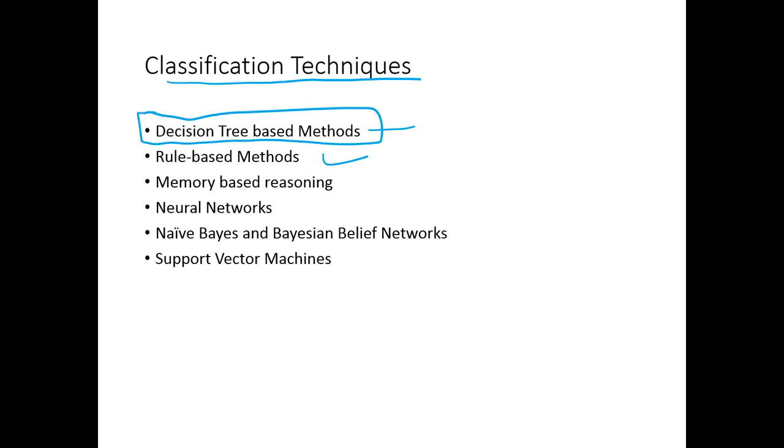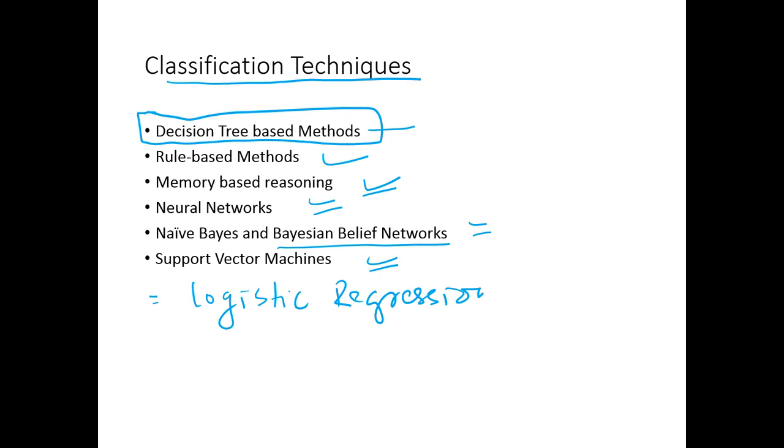There are rule-based methods, memory-based reasoning methods, neural networks, Bayesian belief networks, support vector machines, and regression techniques, statistical techniques like logistic regression, or maybe linear discriminant analysis. So these are some of the classification techniques that people use in classifying data into different groups and subgroups. Our focus here is the decision tree.